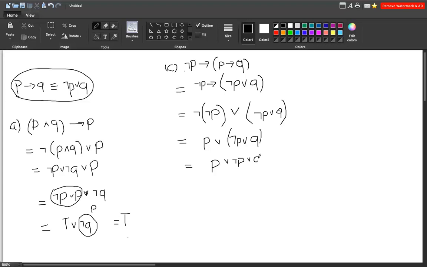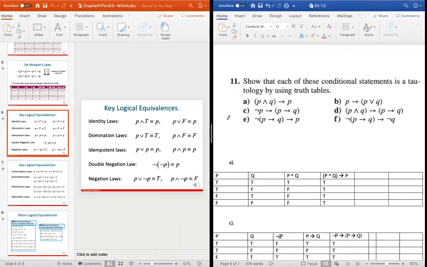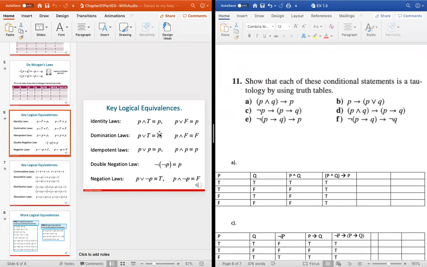Or Q. So here we have this P or negation of P, right? Just like we have here. We know that this is true. True or Q. Okay. Now this true or something is true or something is always true.